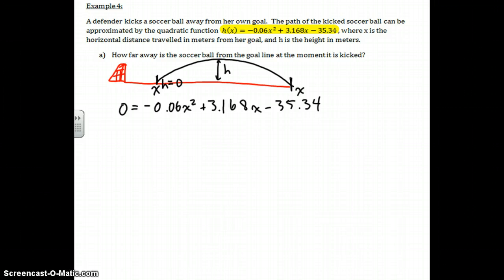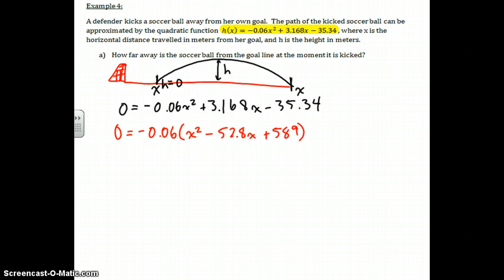Alright, so looking at this, we're probably not going to be able to solve this by factoring, so let's look at using completing the square. First thing we could do is get rid of this negative 0.06, so we can factor the negative 0.06 out of everything on that side. So we get x squared, take away 52.8x plus 589.